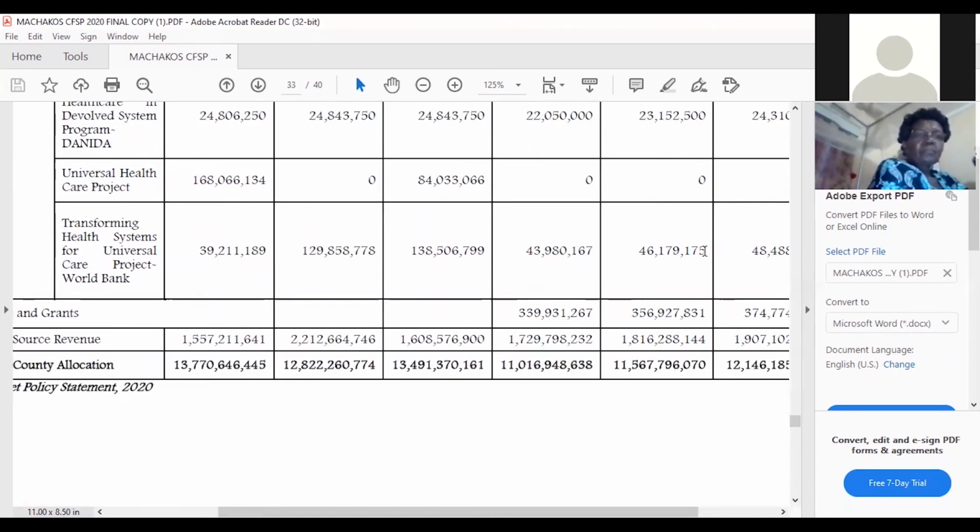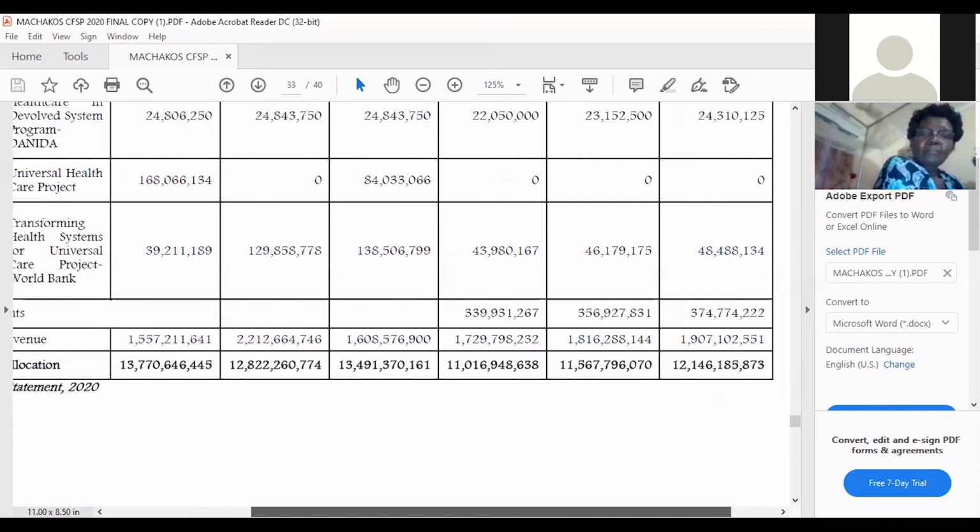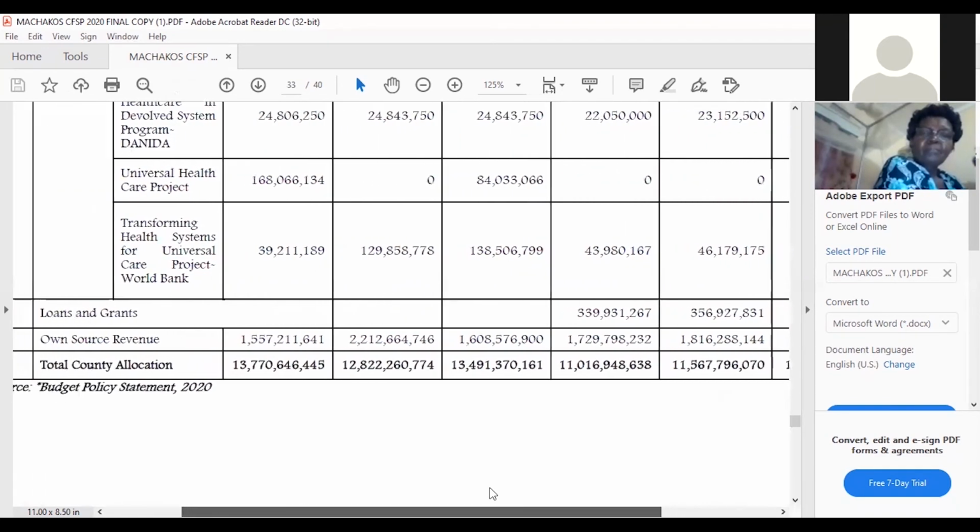But for the other ones that they have zero, that means they have not been given money. And it is alarming to see, even for this one, Universal Health Care Project, you find that it is 0-0, and yet the government had said that UHC is one of its big 4 agenda here in Kenya. So it begs the question, why isn't there monetary support for that?